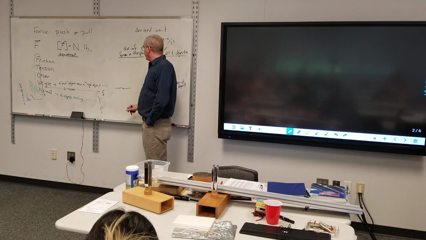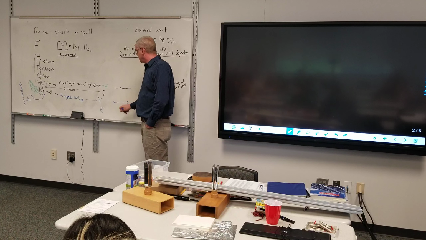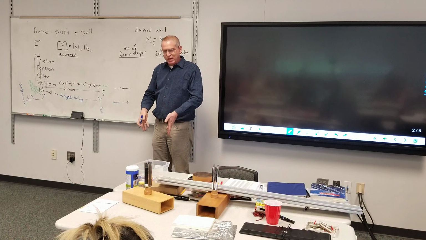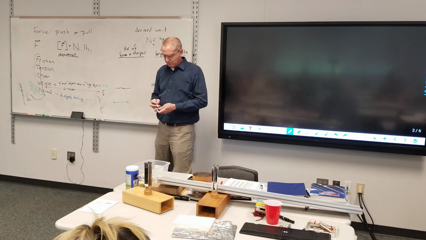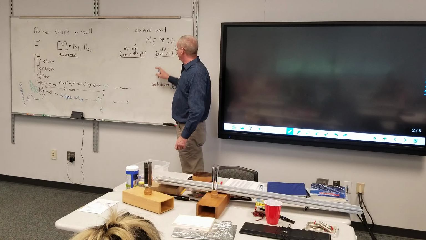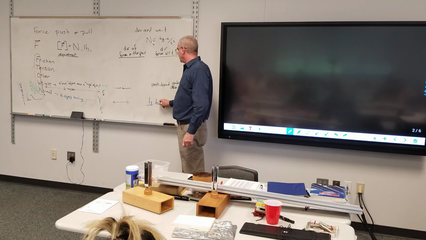The direction of the pair of forces, because again, forces come in pairs, is they will always oppose each other. Right now, the floor is pushing up on me. I'm pushing down on the floor. And the direction of the forces is perpendicular to the surfaces of contact.